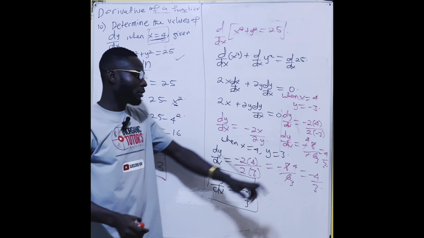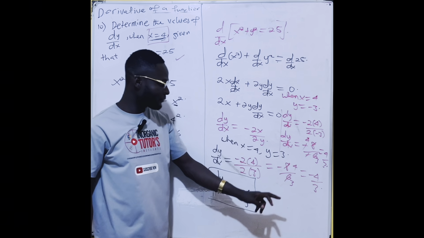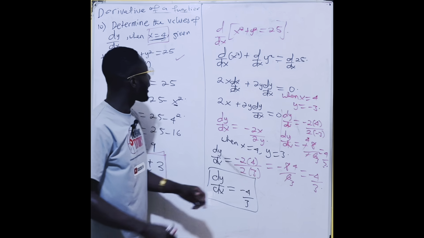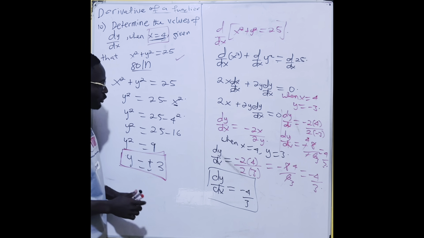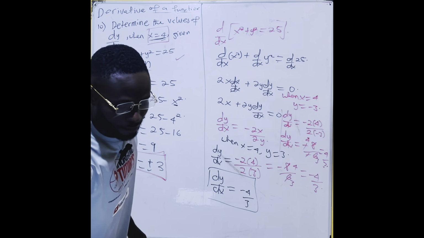So it means that we have positive 4 over 3 and negative 4 over 3 as the values of dy/dx. So let me write it here boldly for you.